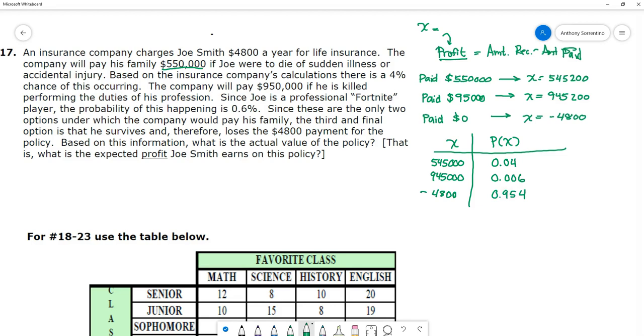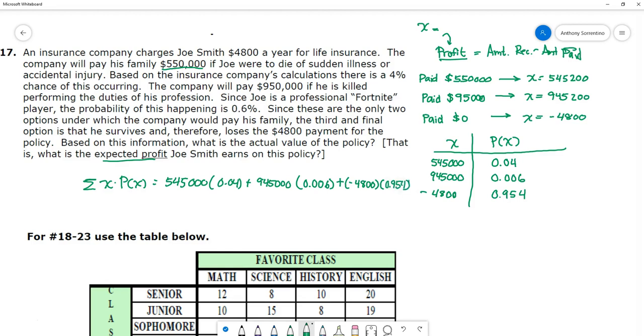And of course, my expected value should be the sum of my x times p of x. So 545,000 times 0.04 plus 945,000 times 0.006 plus negative 4,800 times 0.954.